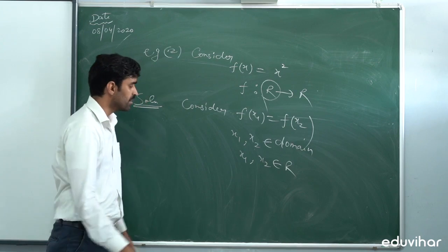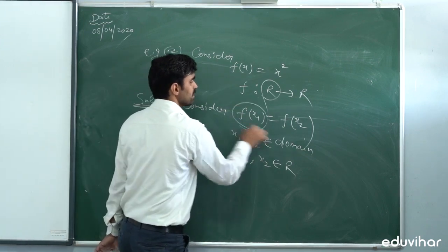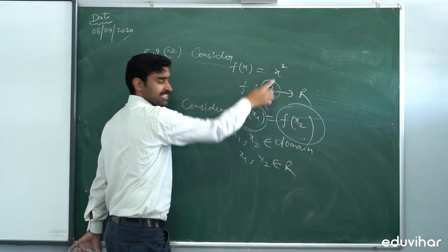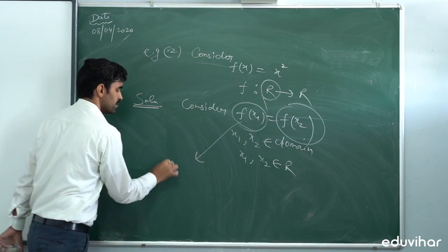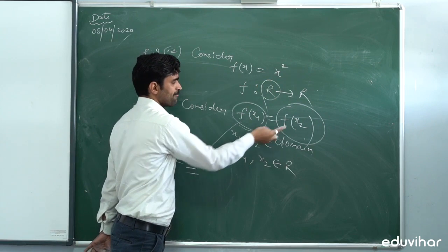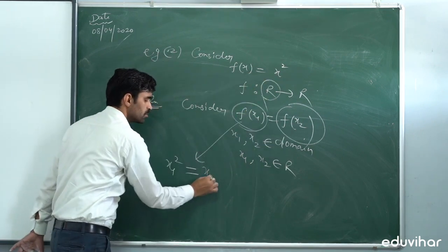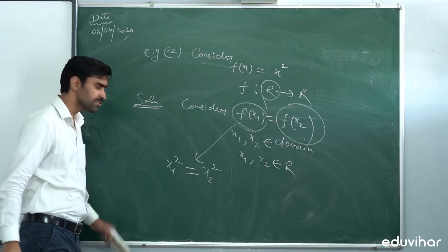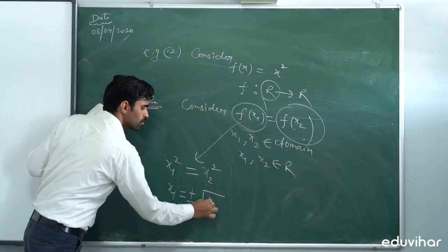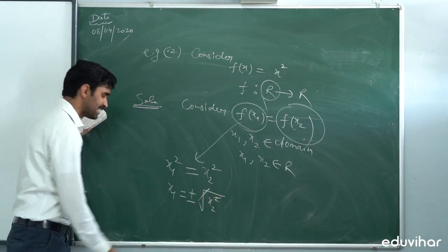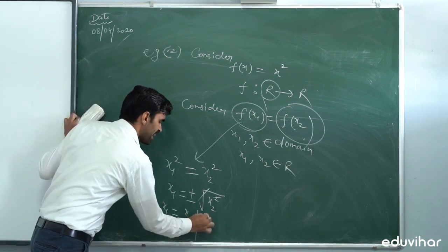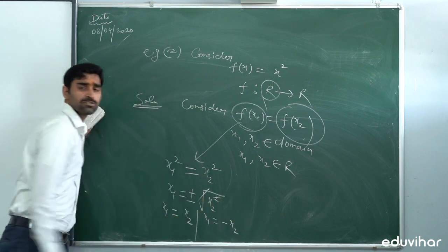Then what can we say? If f(x1) equal to f(x2), then we must have f(x1) as x1 square and f(x2) as x2 square. Then in this way we can say x1 equal to plus minus root of x2 square. That is x1 must be equal to x2, and also we can say x1 equal to minus x2.